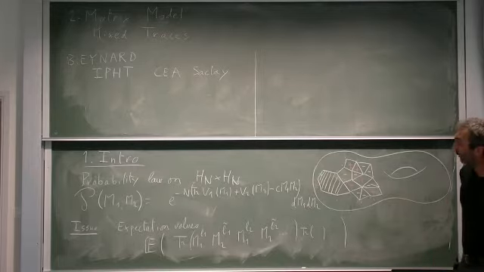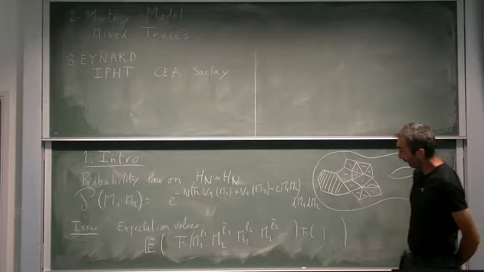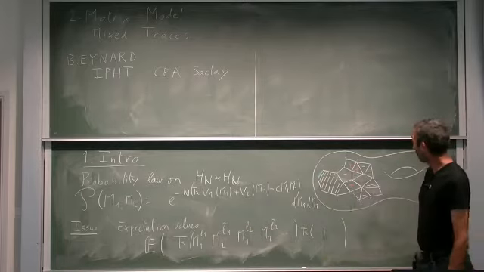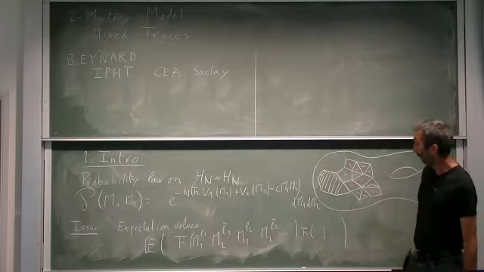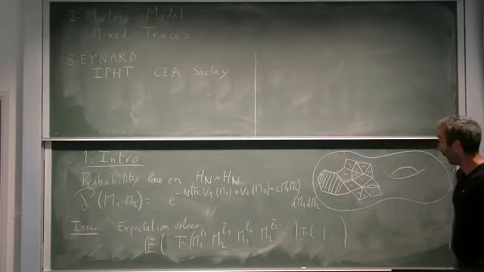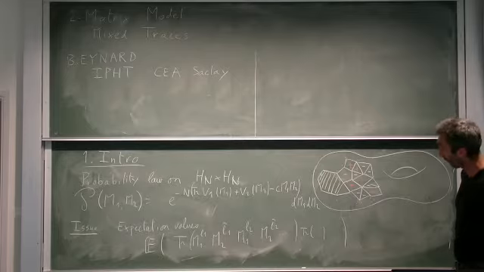This is the kind of expectation value one would like to compute. The difficulty compared to a one matrix model is that the two matrices M1 and M2 do not commute, and that's why these are called mixed traces. So first, one question is, can we find exact formulas for such quantities? The answer will be yes.